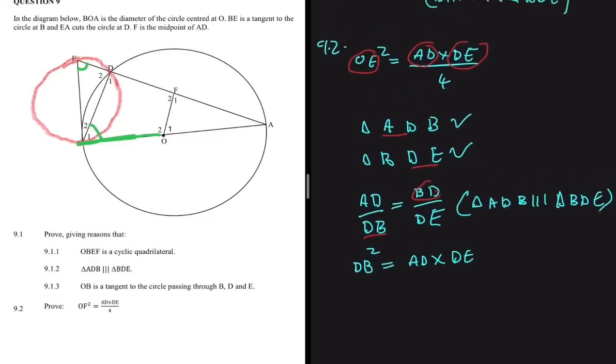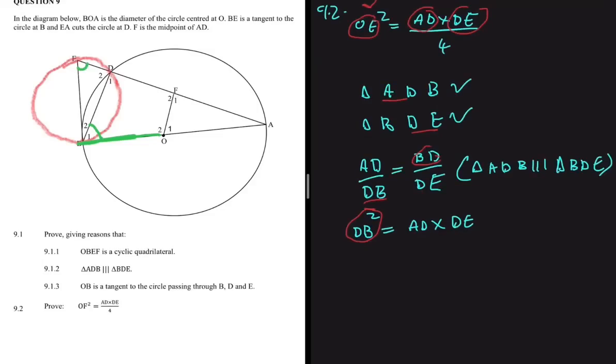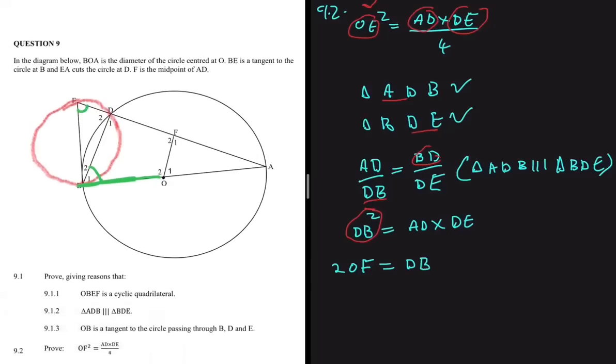And then we're not done, right? Here we have DB squared, but in what we are required to prove, we have OF squared. So let's try and find how DB squared and OF squared are related. It's not really easy to see here, but 2OF is equal to DB. Let me tell you why. Don't forget that we have already deduced that F1 is 90, and D1 is also 90 because it's been subtended by the diameter.